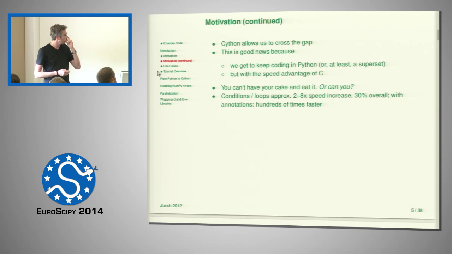Yes, certainly, you can. So what kind of speed ups can you expect? Well, if you just take your plain Python code and you compile it down, you're looking at a 2 to 8 times speed increase. But if you add annotations, so if you help Cython along a little bit by telling it more about your code, then you can typically get 80 or 100 times speed improvement.